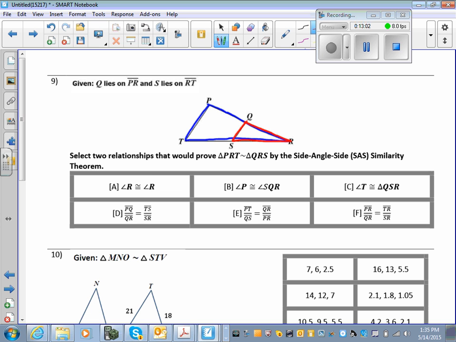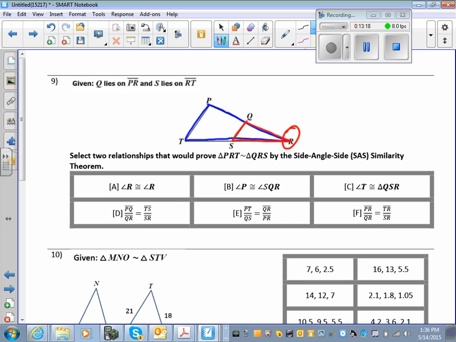And I need to use side, angle, side. So one of the angles that I have without them telling me is they both have R as the reflexive property that is common for both of them.